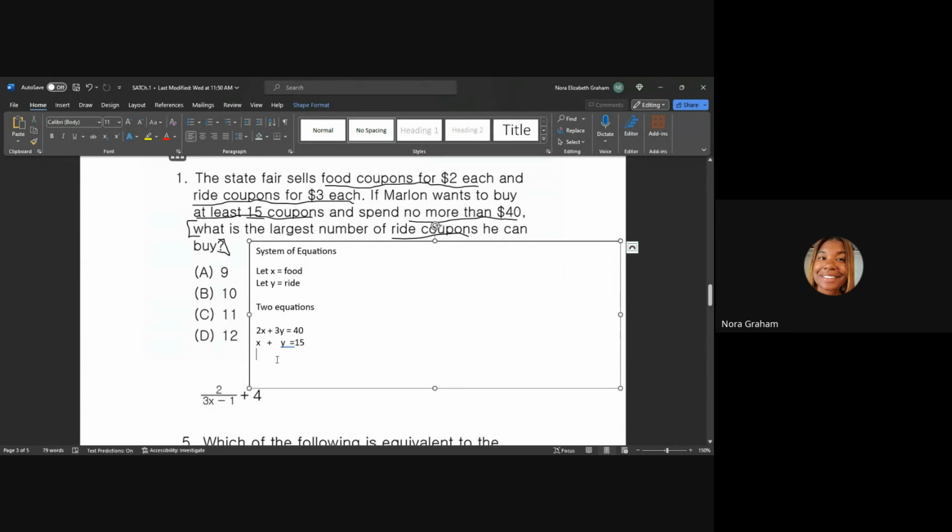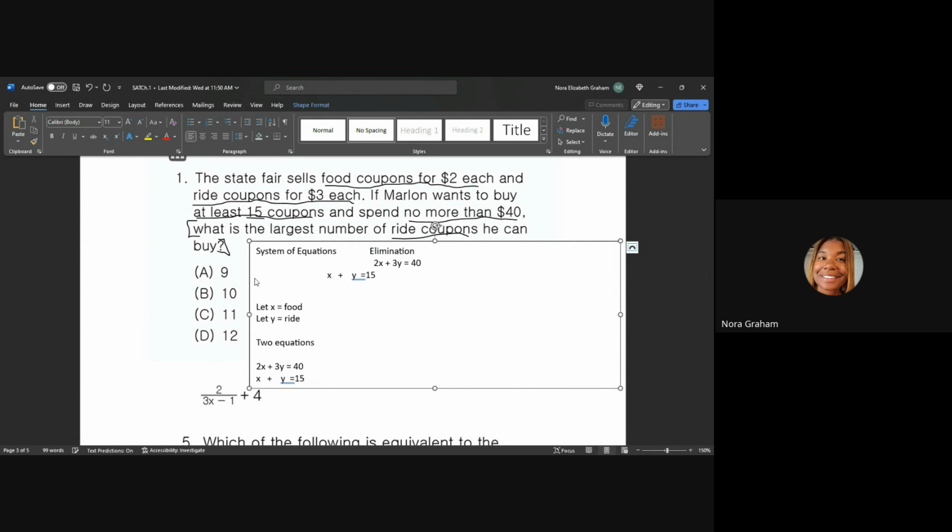So for my systems of equations, I'll put we're using elimination for these two. It's neater if I write it up here. Okay. No, I'll draw out the rest.